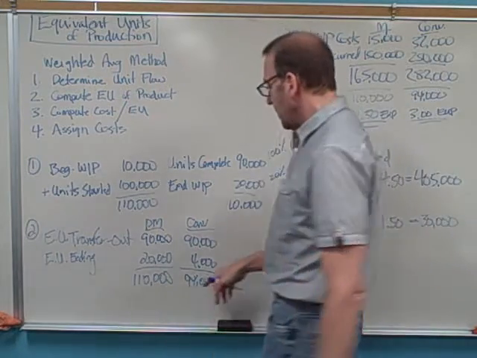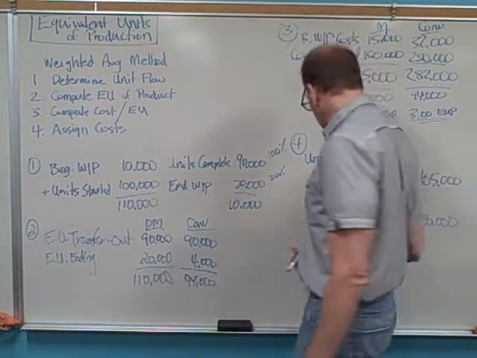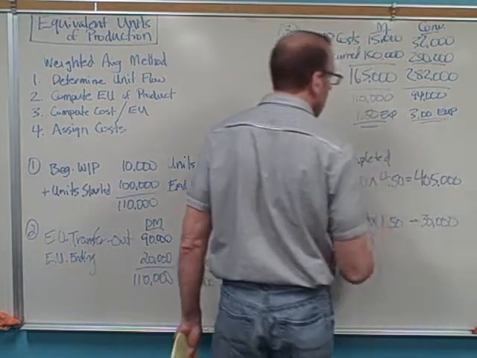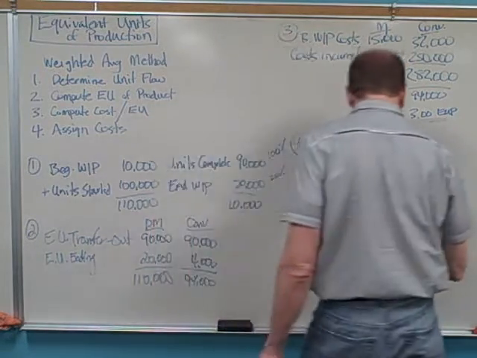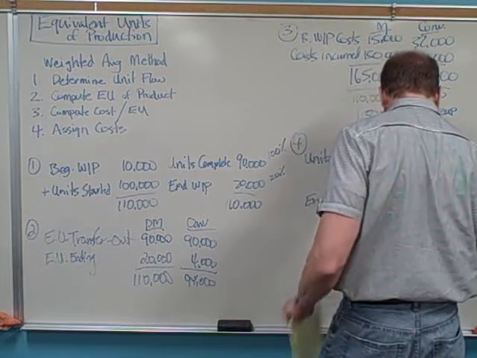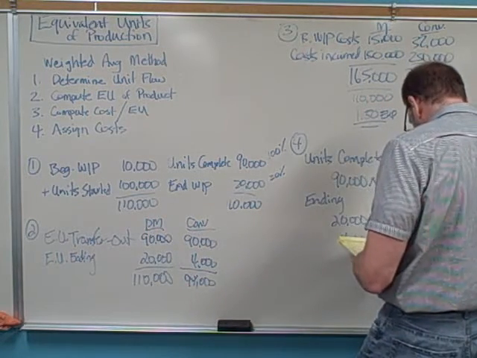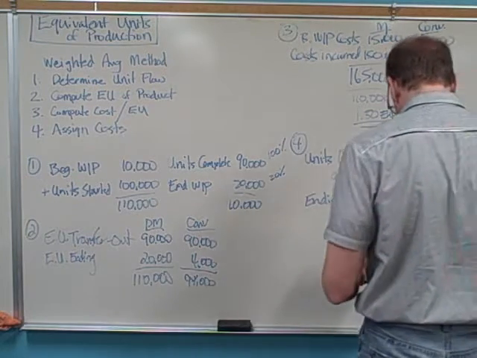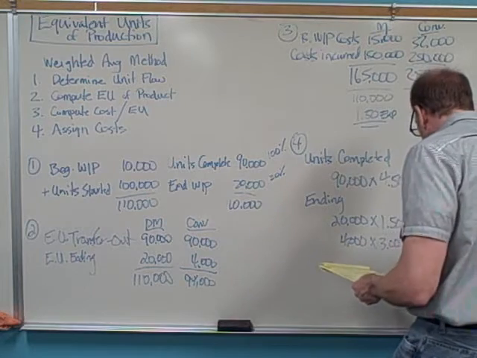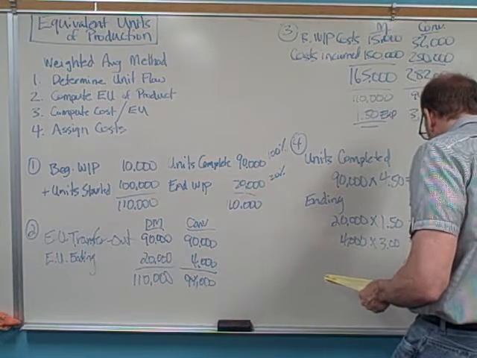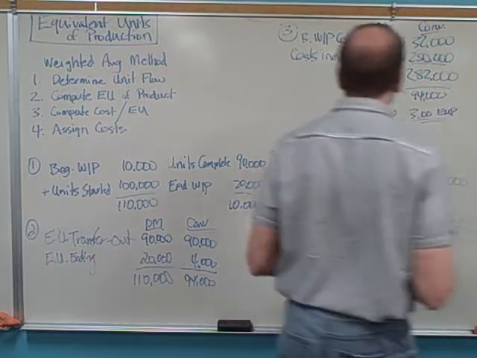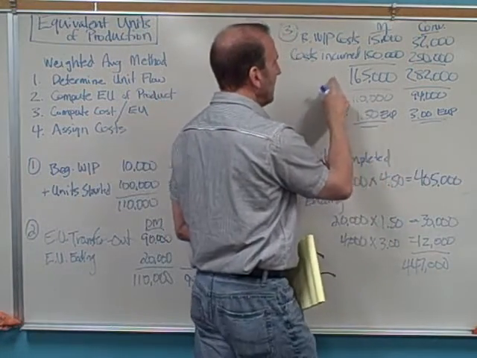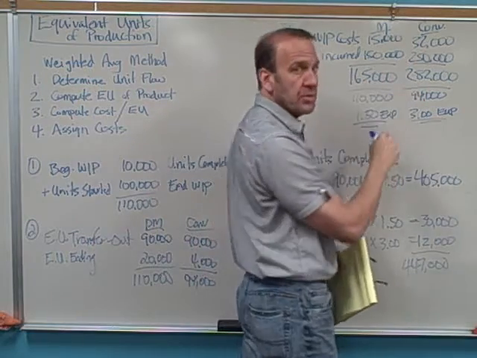And then the ending inventory here is 4,000 for conversion costs, the 4,000 times the rate of $3 gets us 12,000. So this adds up to 447,000. Okay, 447,000. So if you add these two together, the 165 and the 282, this gets you 447.